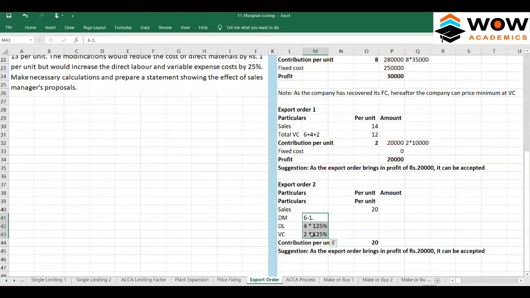So we can solve it. This will be 5. This is also 5. This is 2.5.